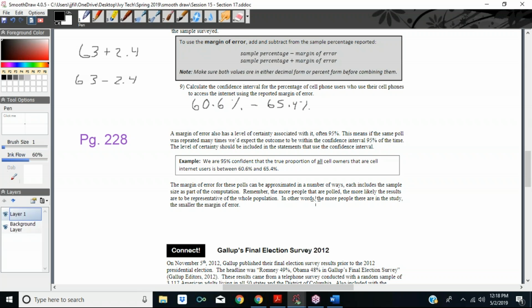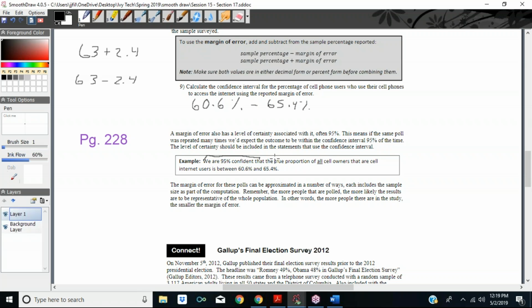So here's an example. We are 95% confident that the true proportion of all cell owners that are cell internet users is between 60.6 and 65.4%. So there's 4 things in here that we have to make note of. The first thing is we're going to state our confidence. We're 95% confident.